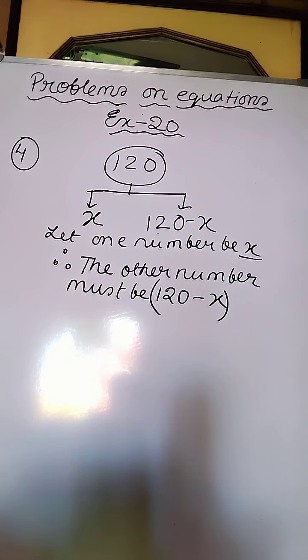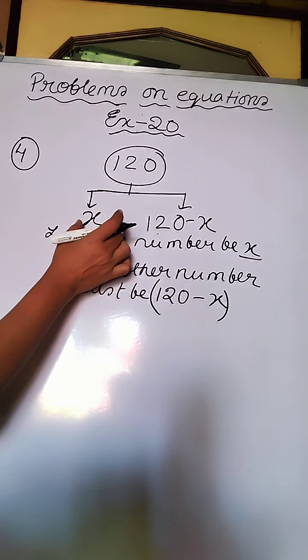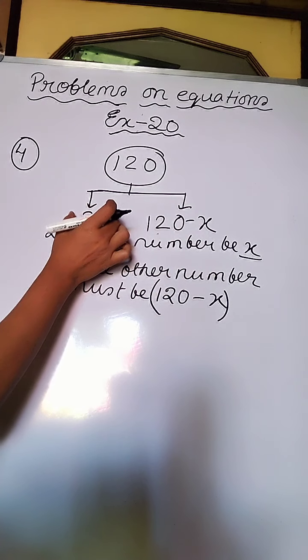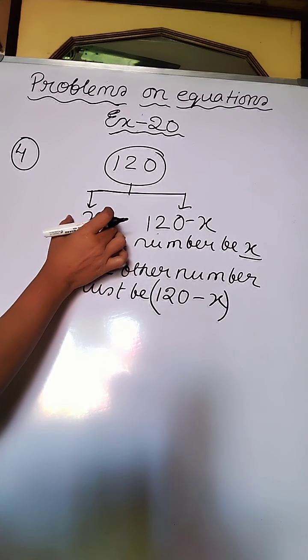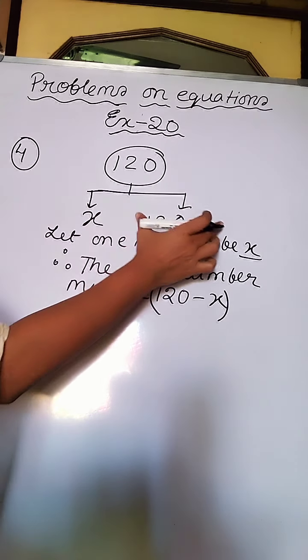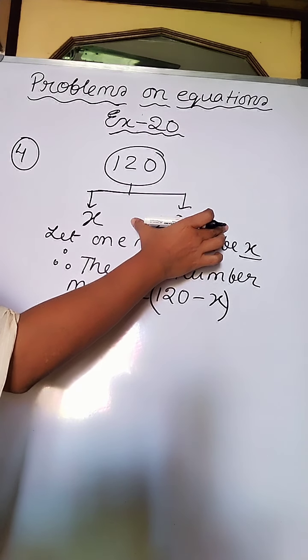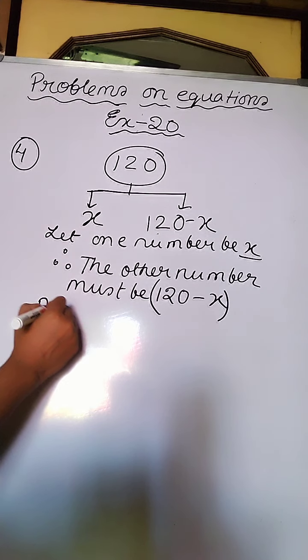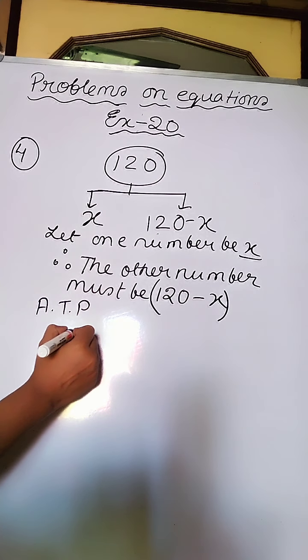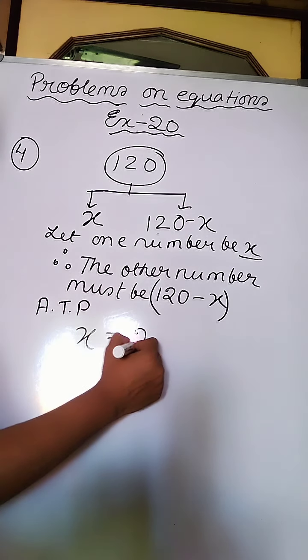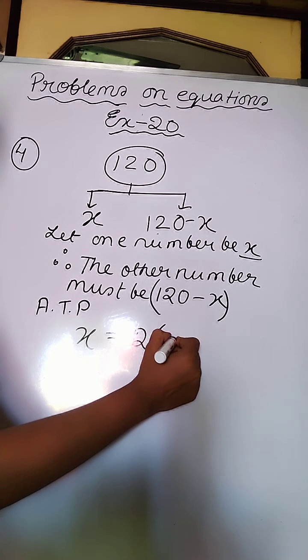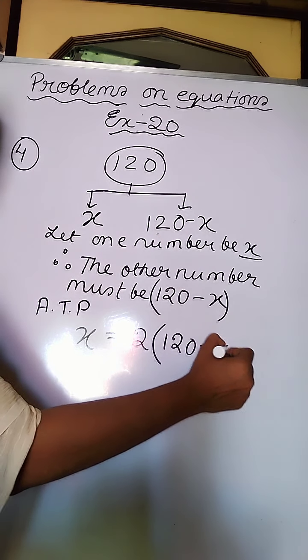Now it has been given in the sum that the greater part is twice the smaller part. Suppose this is the greater part and this is the smaller part. According to the problem, the greater part is equal to 2 into the smaller part, so x is equal to 2 into (120 minus x).